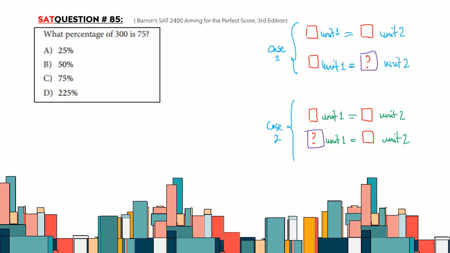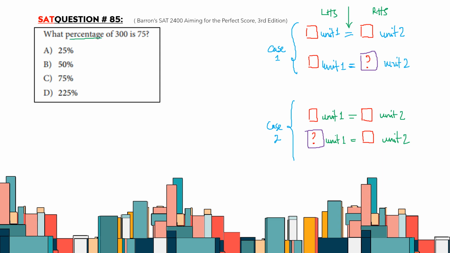Unit 1 is always on the left side, and unit 2 is always on the right-hand side, making sure it's in the same column when we set the problem up.